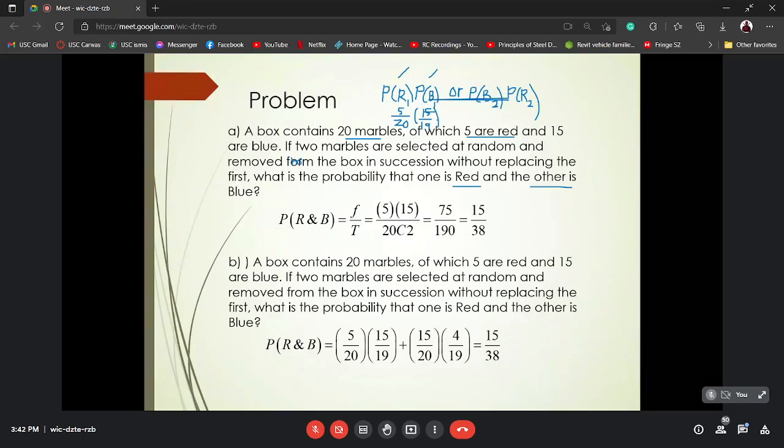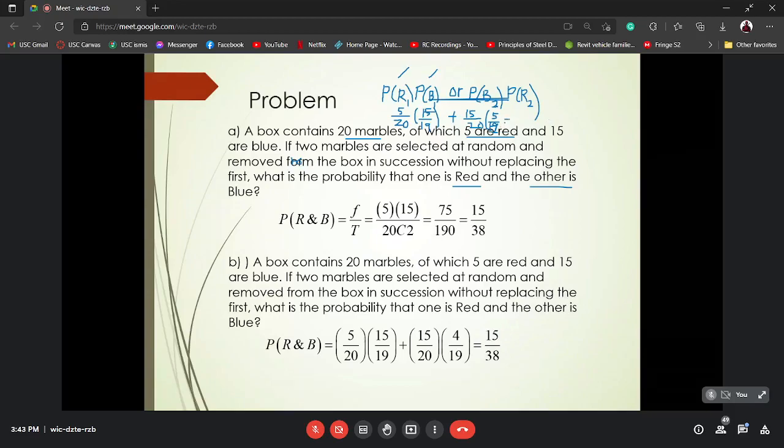But as I mentioned earlier, there's a connective OR, so you have to add. The probability of obtaining a blue marble in the first draw is 15 divided by 20. Then you multiply it, followed by red, where red is 5, divided by 19, because from the 20, you already took one marble. That means there are 19 marbles left.